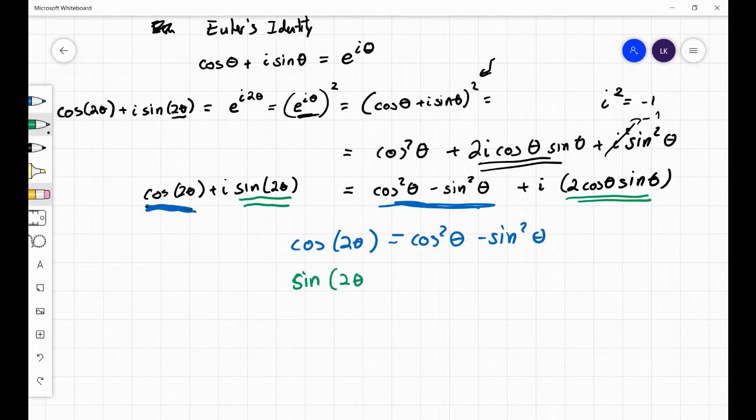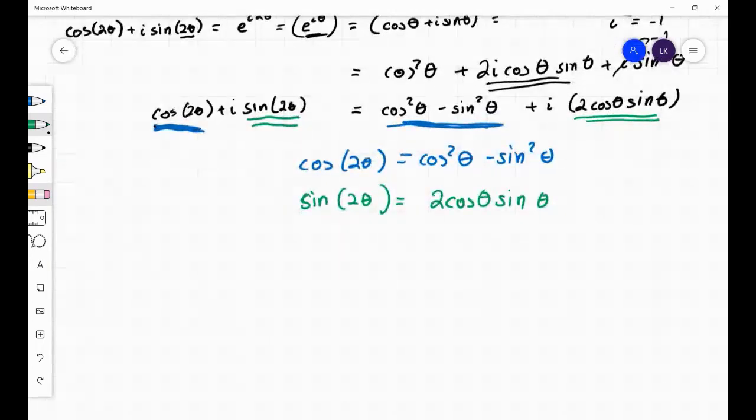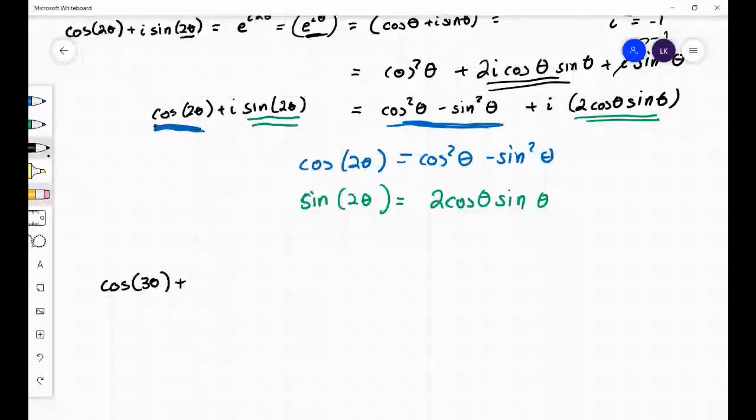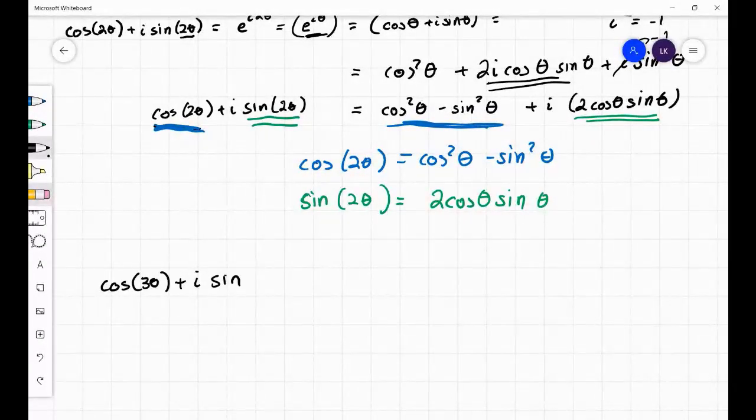So this is a clever identity in the real numbers that can be more easily derived if you go through the complex numbers. So we recovered the two trig identities for sine 2 theta and cosine 2 theta. And there would be nothing stopping you from doing this for, say, identities for cosine 3 theta and sine 3 theta.